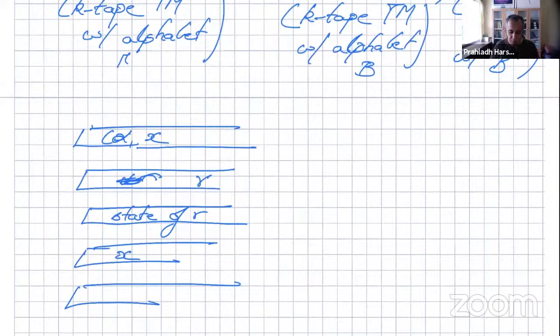So gamma is a description of a single tape Turing machine with a small alphabet on x. This alphabet is going to be the alphabet of the universal Turing machine. So now the Turing machine walks on this tape. It's actually going to just run the single tape Turing machine on the fourth tape over here.